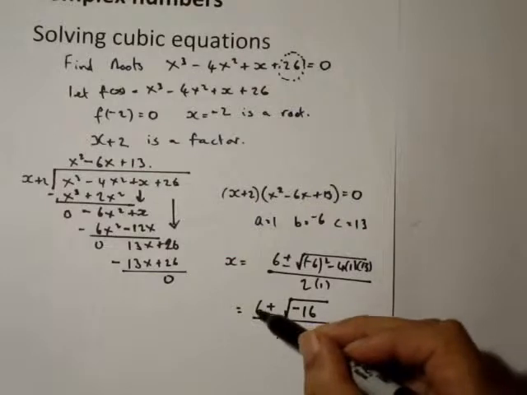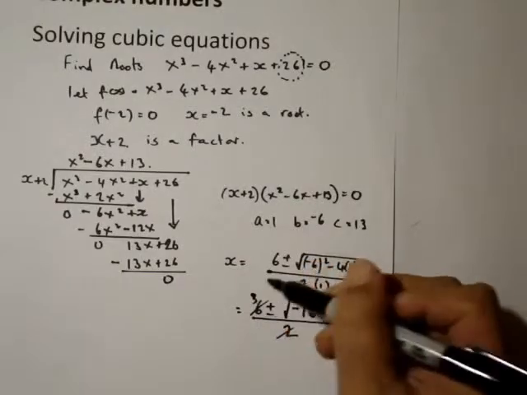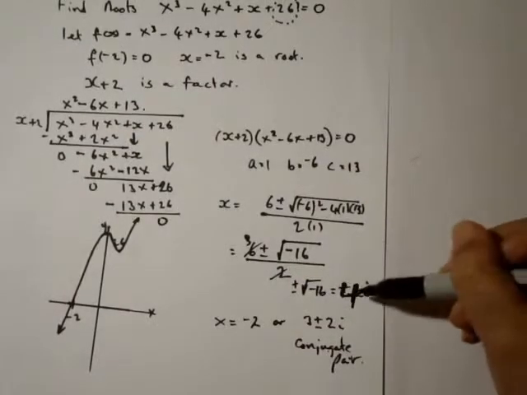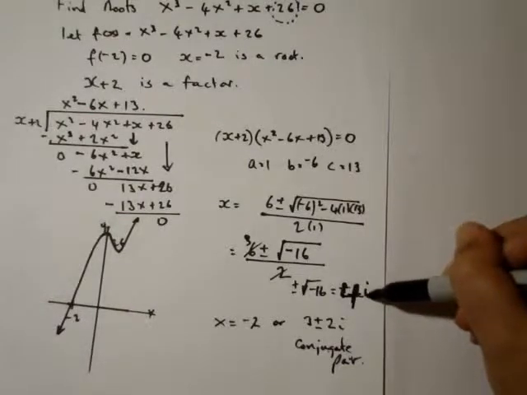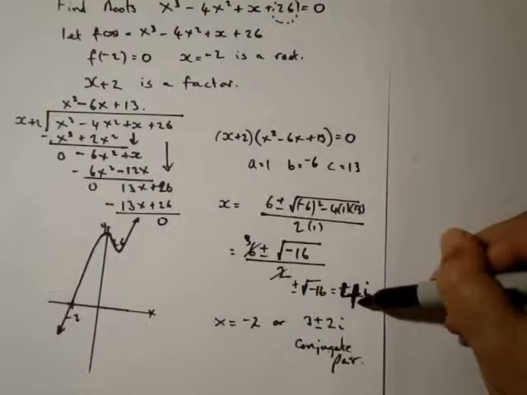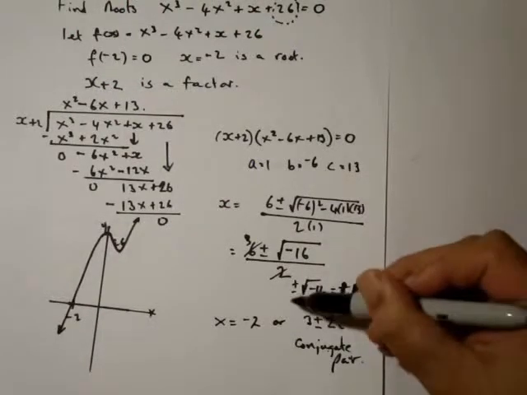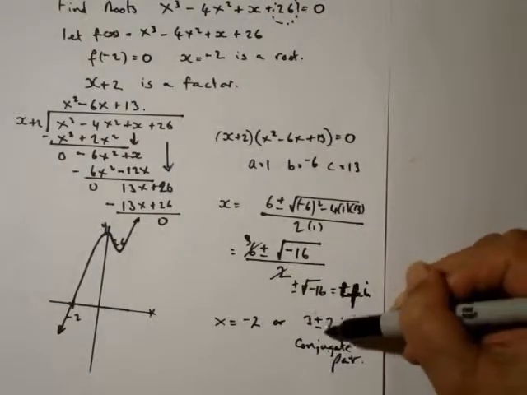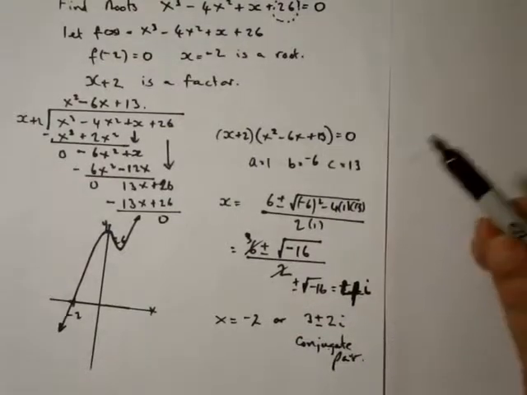This 2 cancels, that's 6, we're left with a 3. The plus or minus square root of minus 16 is plus or minus 4i, and when we divide that by 2, that becomes plus or minus 2i. So x is minus 2, or 3 plus 2i and 3 minus 2i as a conjugate pair.